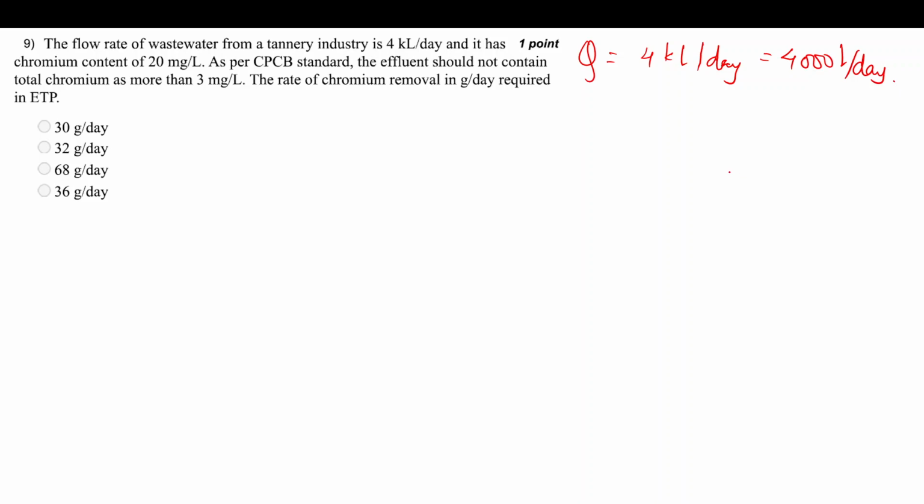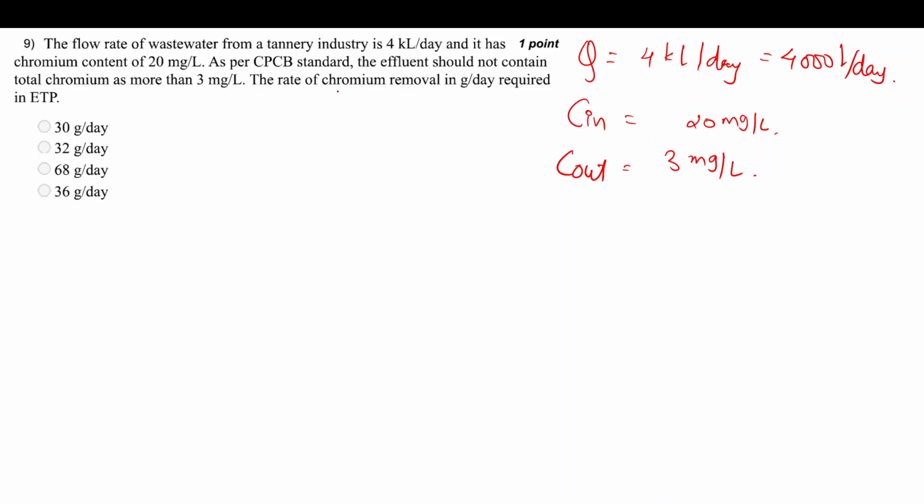The concentration of chromium is 20 milligrams per liter, which means there is 20 milligrams of chromium in 1 liter of wastewater. As per the CPCB standards, the effluent should not contain total chromium more than 3 milligrams per liter. So C out is given as 3 milligrams per liter.